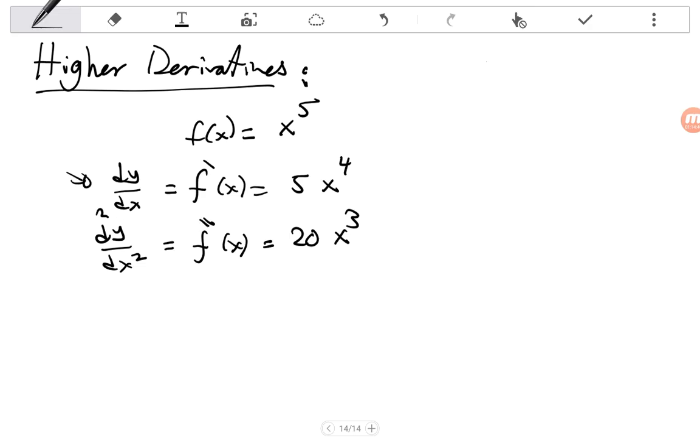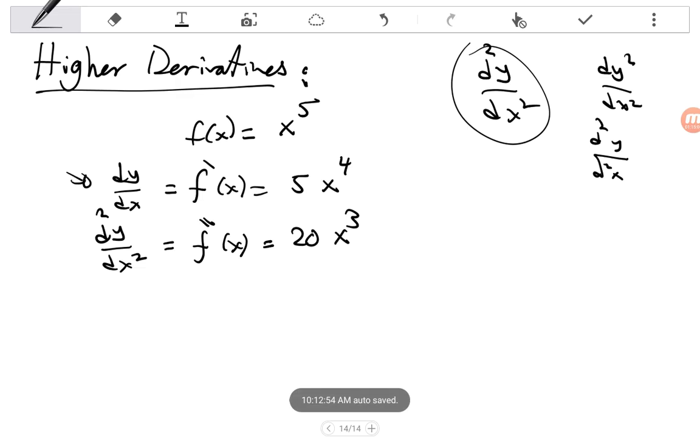Why did we denote it like that? Look at this expression, d2y by dx squared. Why didn't we, for example, write it d2y squared dx squared, or d2y by d2x? No, this expression is based on an idea: we consider d by dx as the differentiation operator operating on y.